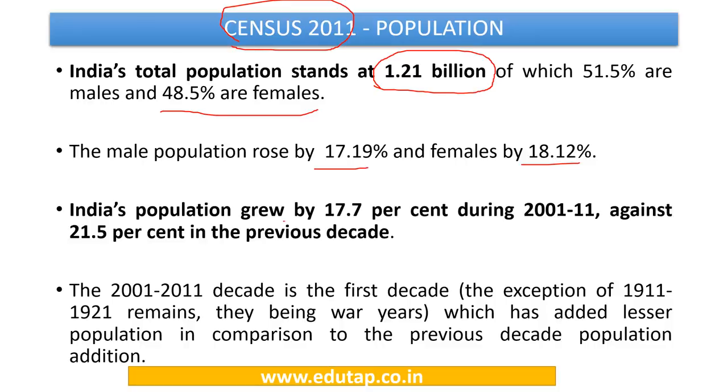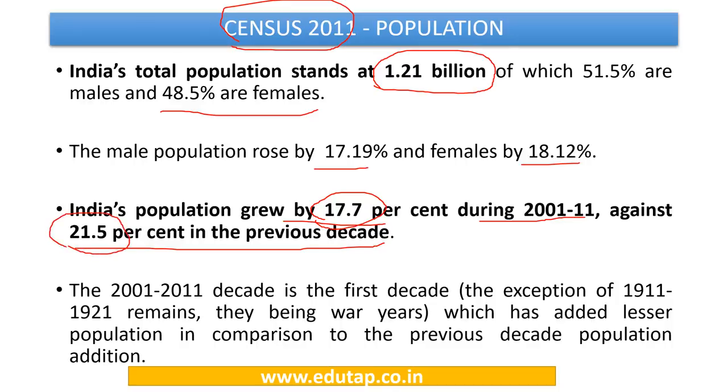India's population grew by 17.7% during 2001 to 2011 against 21.5% in the previous decade. This is very important information. It says that India's population grew during 2001 to 2011 at a rate of 17.7%, and this rate was less than the growth rate of population in the previous decade, 1991 to 2001, when the growth rate was 21.5%.